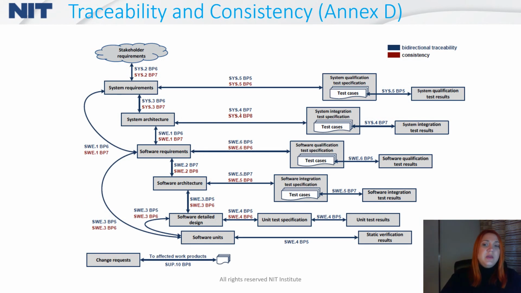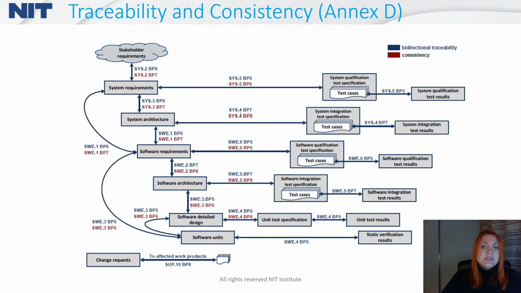Now we're coming to the very important aspects of Automotive SPICE. This is also part of Annex D of Automotive SPICE, covering terminology and other important aspects. Here on this image we have the traceability and consistency of each of the processes in Automotive SPICE.